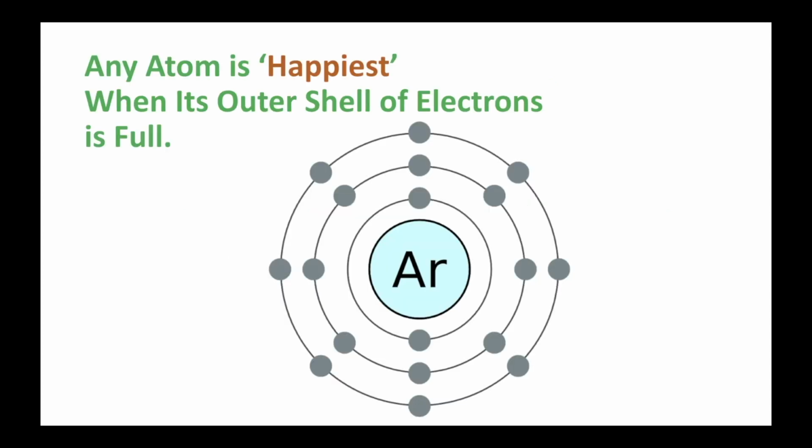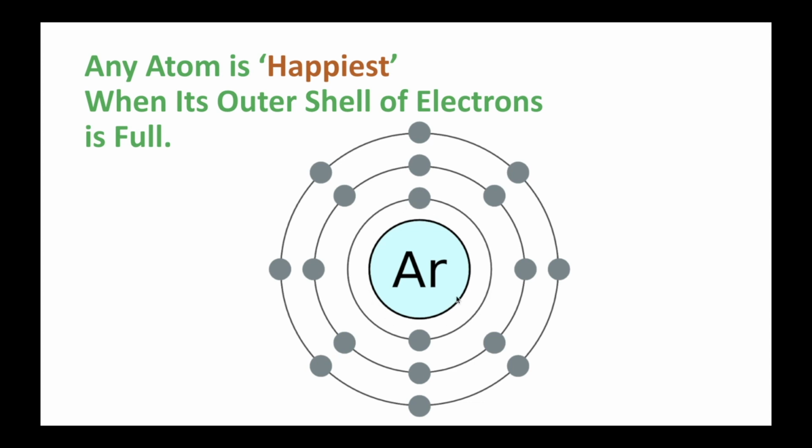So an atom is happy when its outer shell is full of electrons. And when we say full, that means there are no more that can fit. And different shells have different capacities. So if you look on this is argon. Argon has 18 electrons, but they come in different rings. So the first two are these two, 1 and 2. The first two electrons that go, if you're going to build argon, you would start with these 2 electrons.